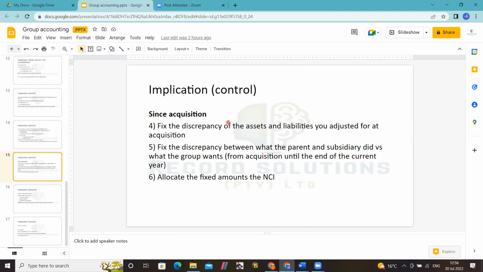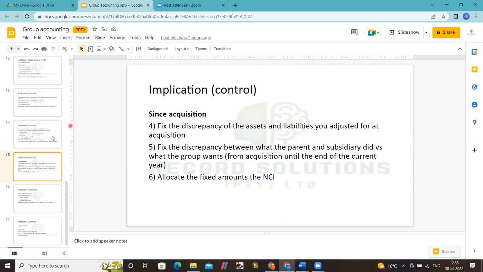So if you want more information about what to do from since acquisition, then I suggest you watch that video that I'm going to upload for the Become third years. You can just watch the since acquisition part and skip the at acquisition part, because from since acquisition, it's going to be the same. The way the Become third years do it and second years is exactly the same.